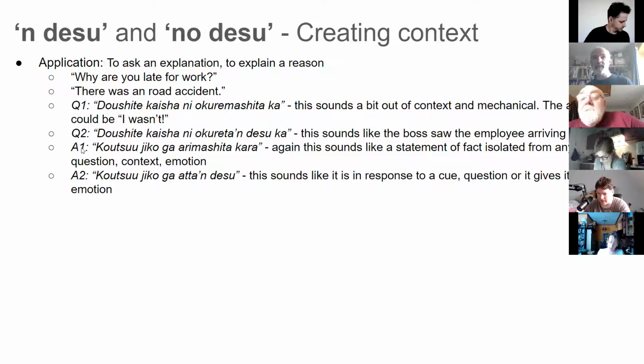I mean, by putting kara at the end, it's just slightly disconnecting the explanation, because there was a road accident, from any kind of emotion. So, for example, let me give you another example. It's going to be a bit difficult because my intonation is not perfect. But Toby, can you ask me the question again in Japanese?